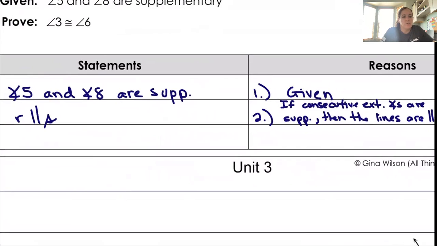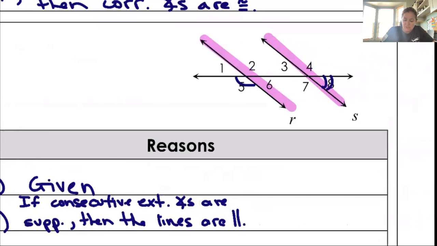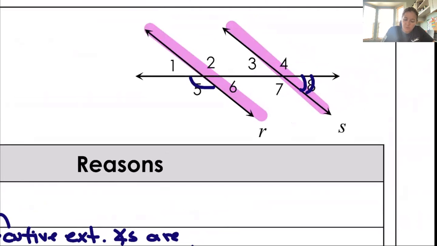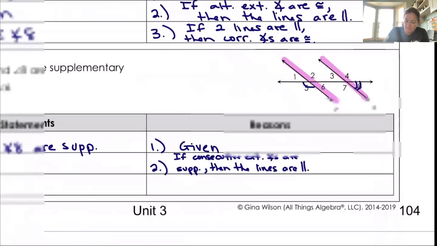And then we're trying to show that 3 is congruent to 6. So let's see what we're looking at. So 3 and 6, well, they're alternate interior angles. And since we now have shown that R is parallel to S, we can say that 3 and 6 are congruent.